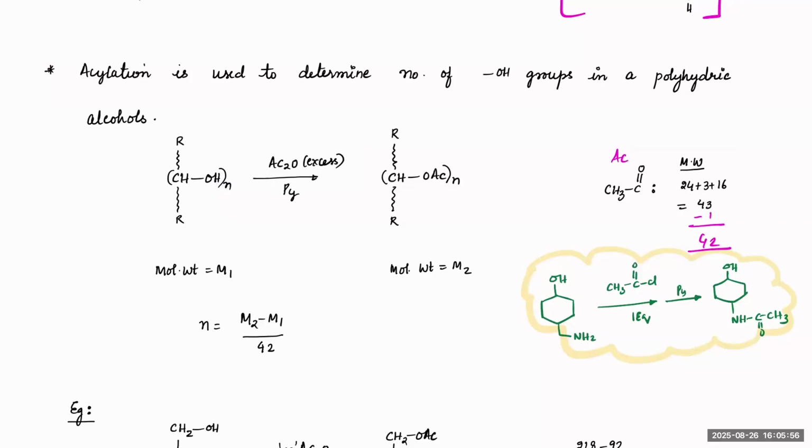Now suppose initially the molar mass of this compound is M1, and after the reaction, the molar mass of the new compound is M2. Now the difference divided by 42 should give you the number of OH groups, because 42 times n is the difference. So n represents the number of OH groups. Clear, beta?